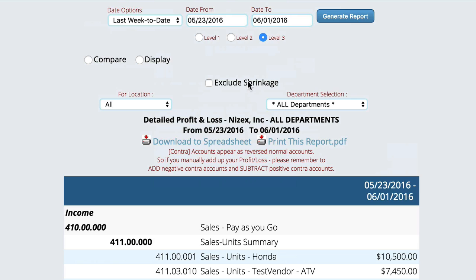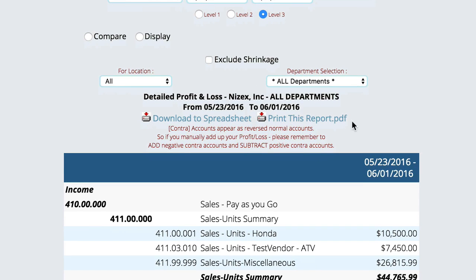Now, if we are running a P&L for the bank, then we may want to exclude the shrinkage hits, and shrinkage hits are basically where inventory is disappearing, and we go to pull a part and we can't find it, so we end up having to adjust it out of inventory. That hits shrinkage. So this gives you the ability to exclude that account hit. And then you've got the ability to download to a spreadsheet or to print as a PDF. So those are the options that you have.